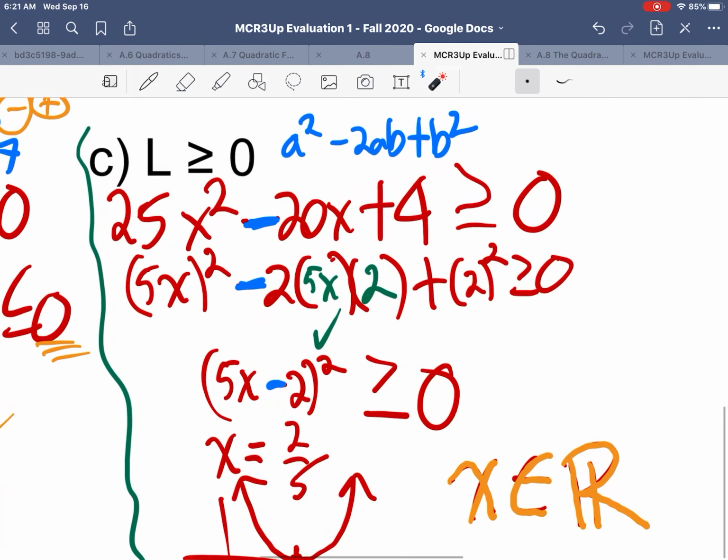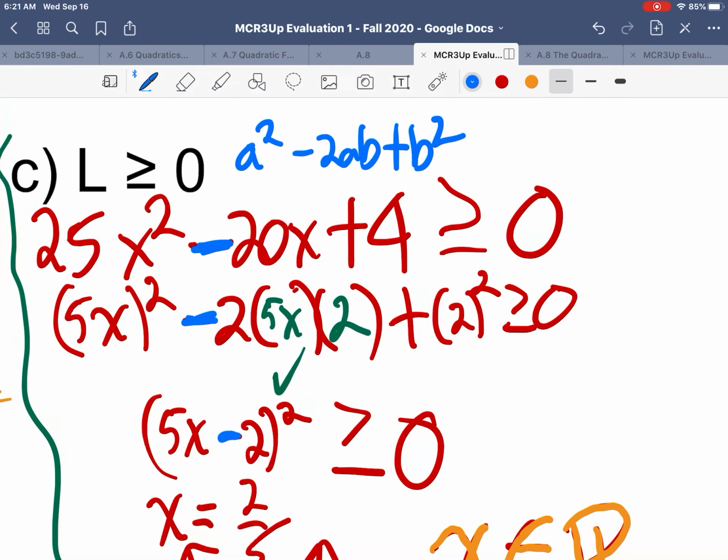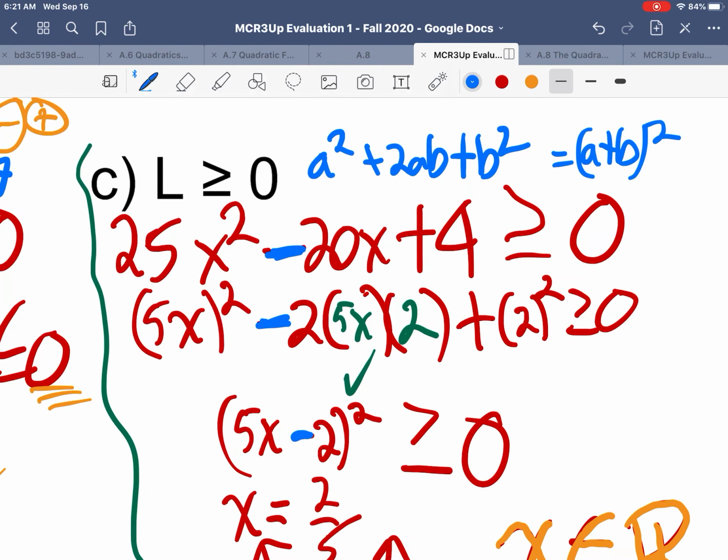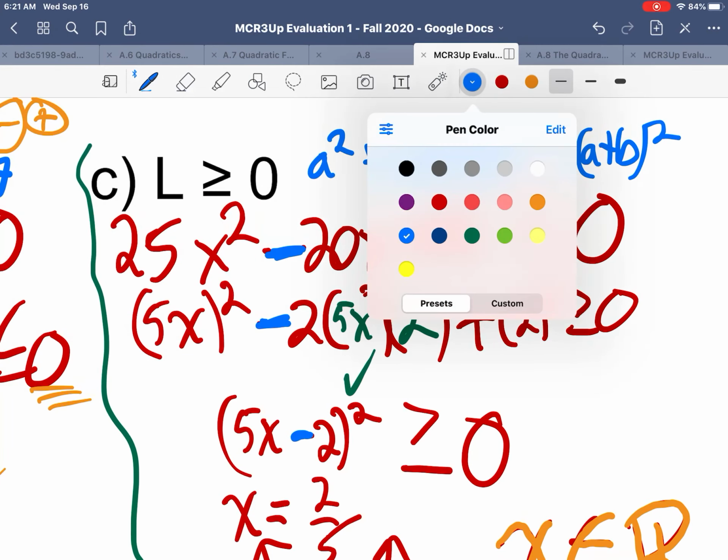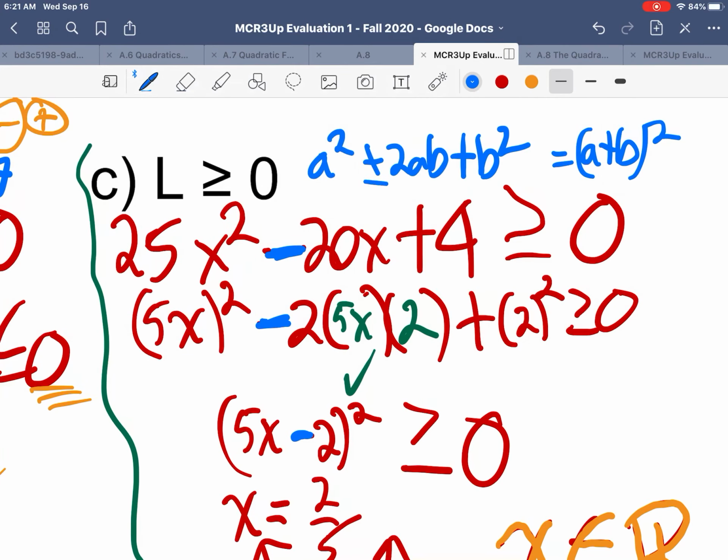Okay, and the third one is a perfect square. Okay, in the perfect square form, we have a plus b squared. And if this right here, this could be plus minus, and that would also be a minus there.